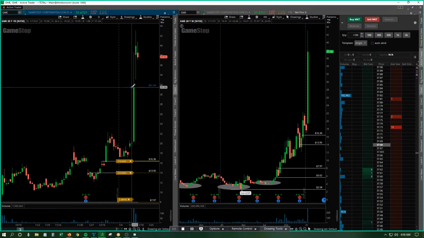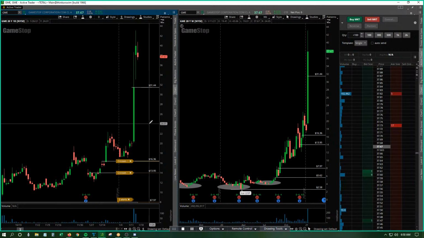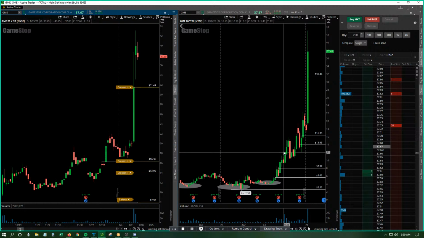Gap here, 31.44. If you have to trade this, then I'd wait for this. That would be the play.